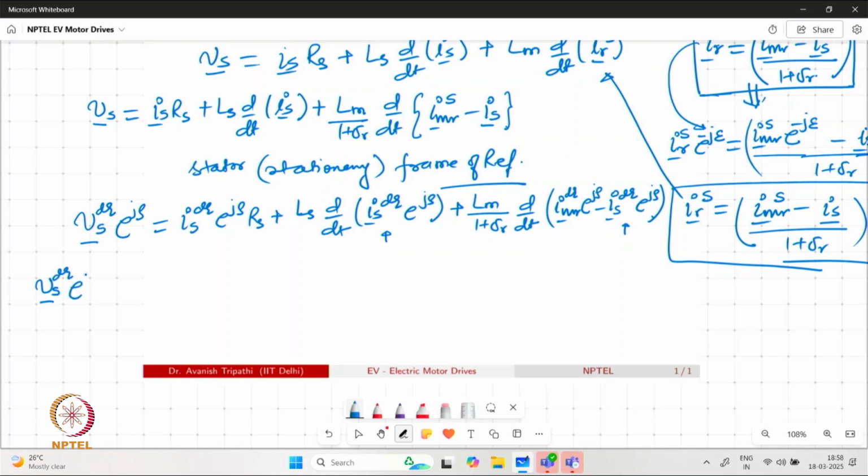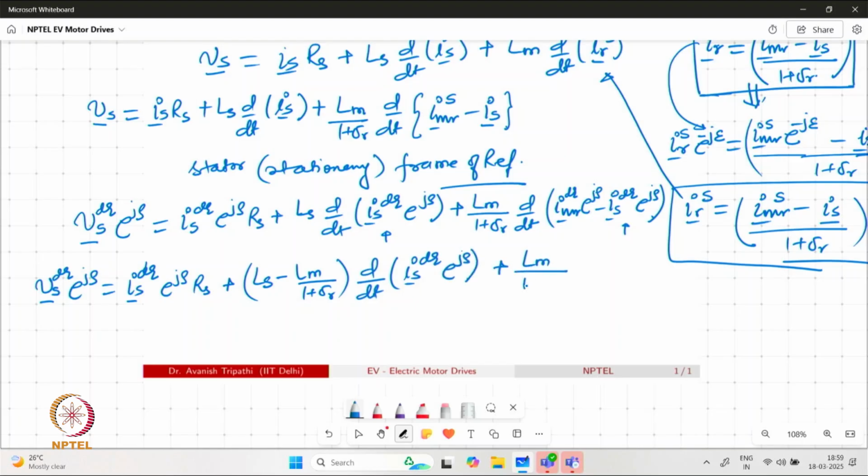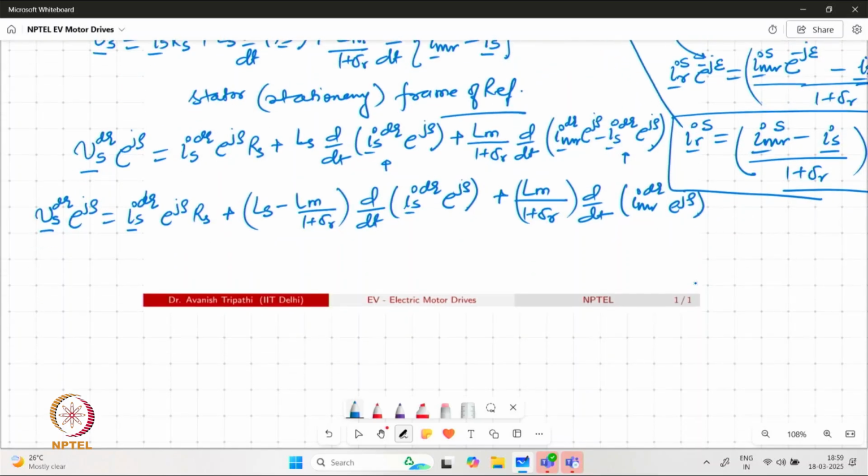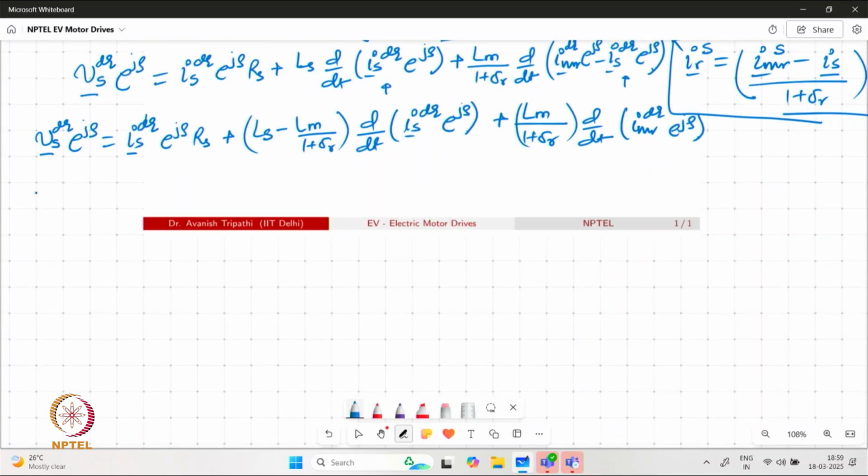So we can combine these two terms, and we can write this in a compact manner. Further, we can expand the derivative terms.